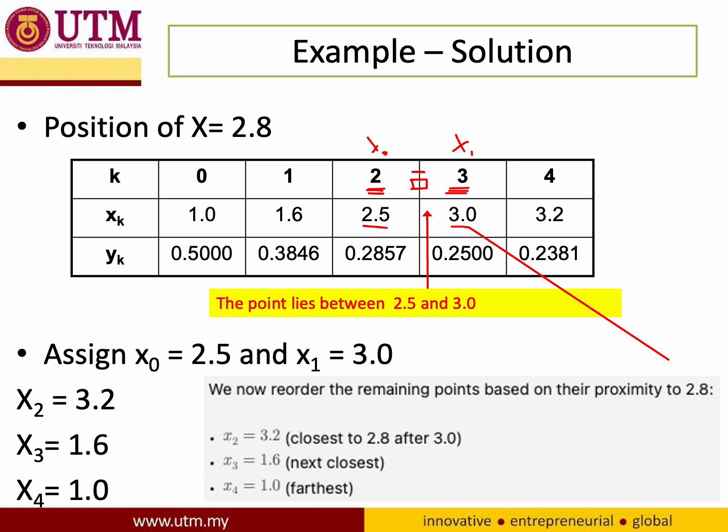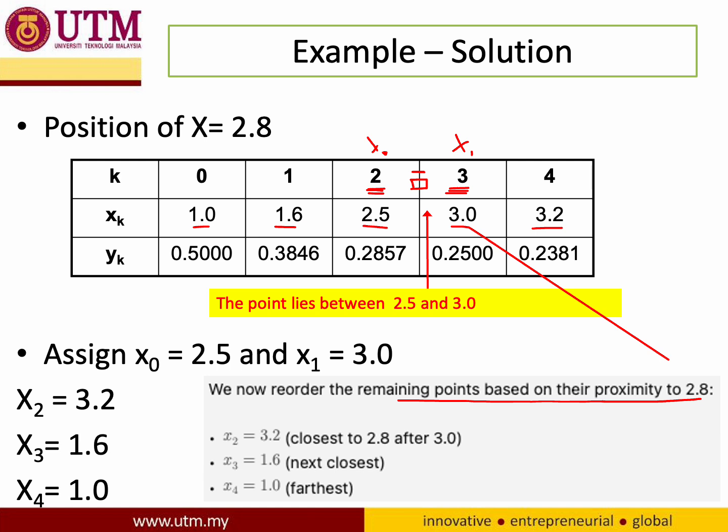Now, how can we find the next number in our reordering? We need to reorder the remaining points based on their proximity to 2.8. We have 1.0, 1.6, and 3.2. You need to see which one is the closest to 2.8.